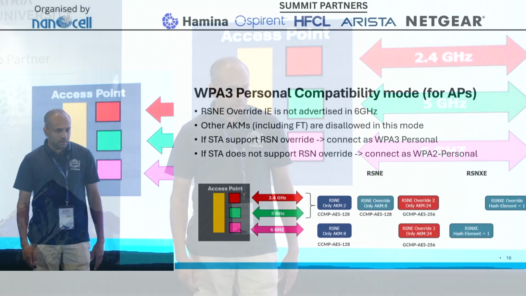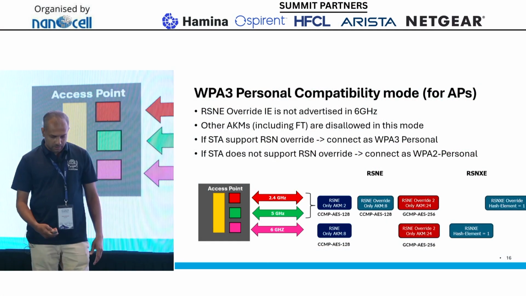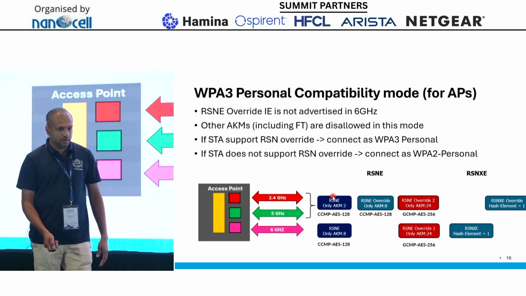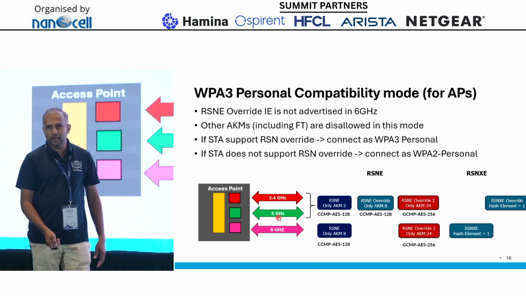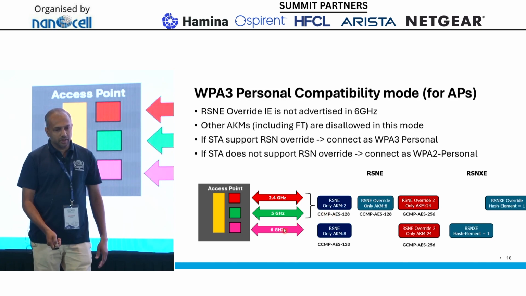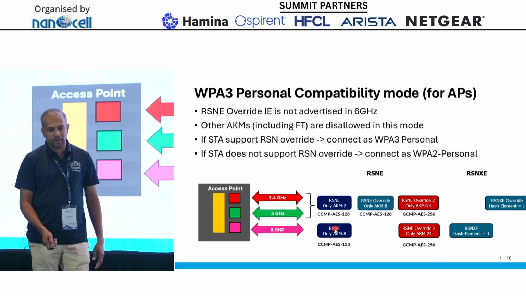To illustrate this another way, here you can see we are only advertising AKM value 2 in the 2.4 GHz band. That means the legacy AKM value. But in 6 GHz we can't advertise that because it does not support legacy AKM. We are advertising AKM 8, which is WPA3 personal. So in this environment, legacy clients will connect, no problem.